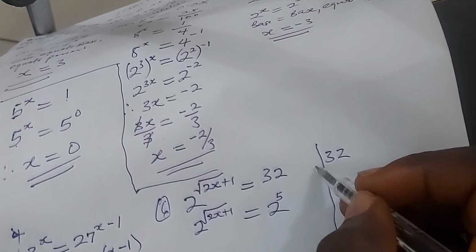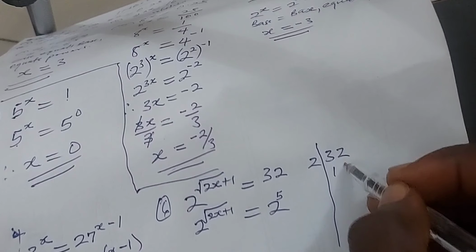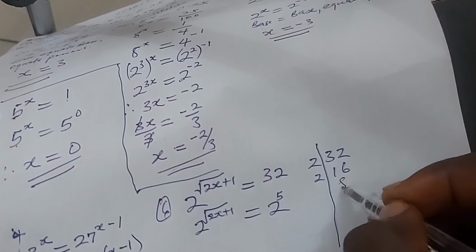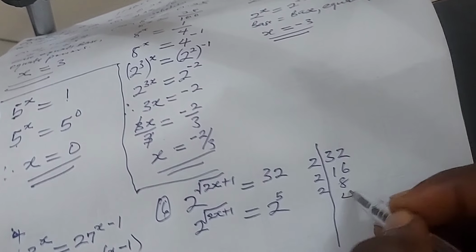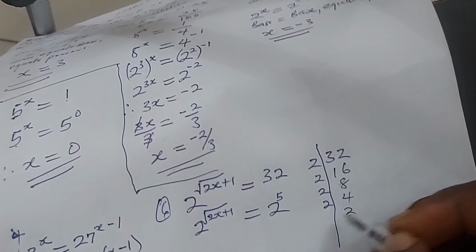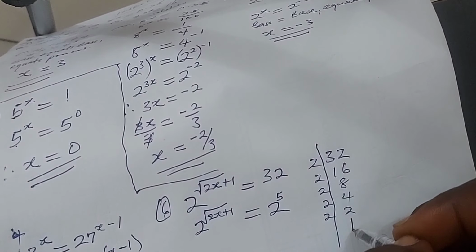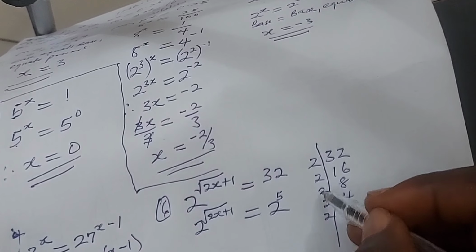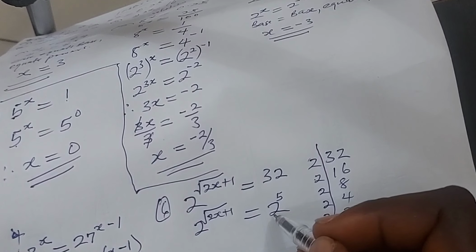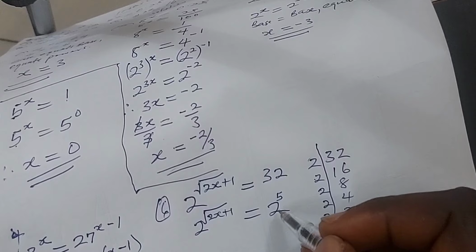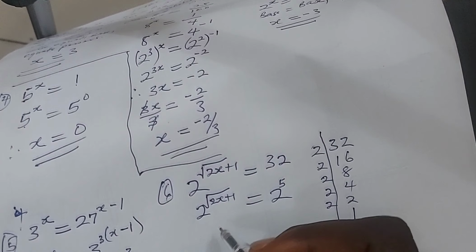You divide by 2: 32 divided by 2 is 16, 2 goes into this 8, 2 goes to this 4, 2 again 2, 2 here 1. So when you count 1, 2, 3, 4, 5, that is 2 raised to the power of 5. That is what it's all about.